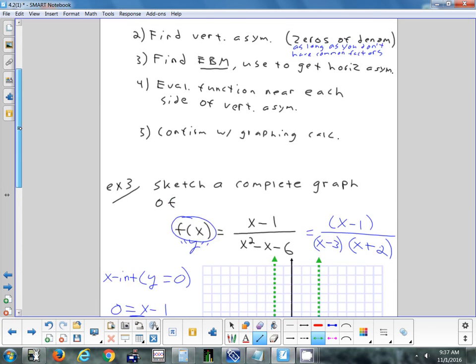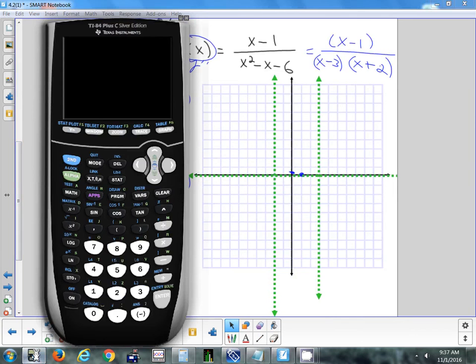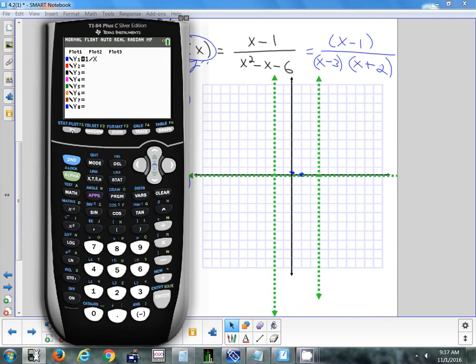And now I'm going to use the graphing calculator to help me evaluate points near the vertical asymptotes. Again, I'm not using the calculator for the graph part. I'm just using it because it can do arithmetic faster than I can by plugging it in by hand. So I've got x minus 1 divided by x squared minus x minus 6.